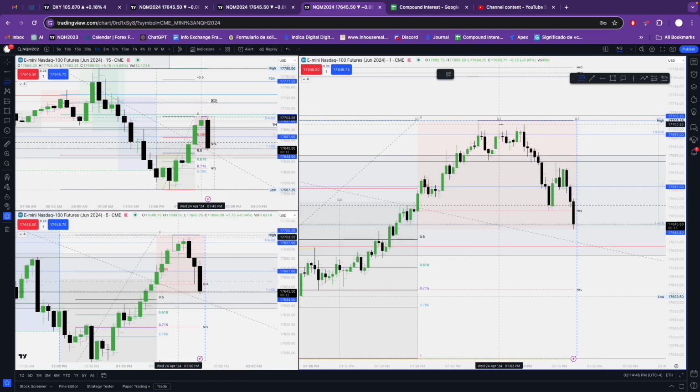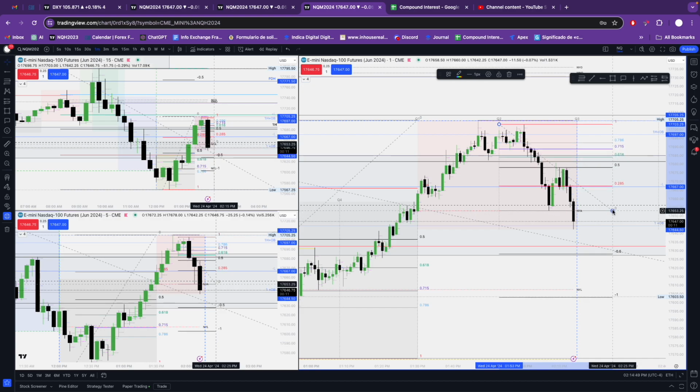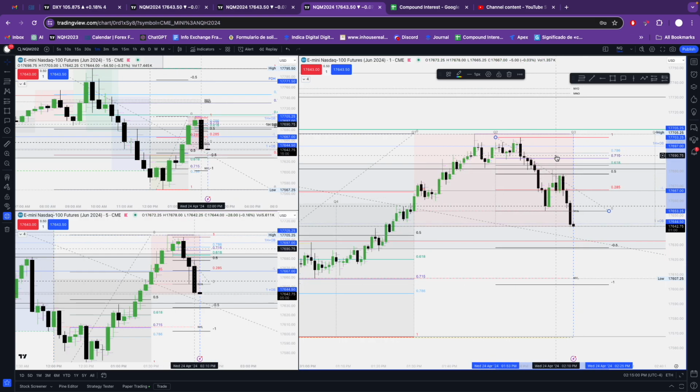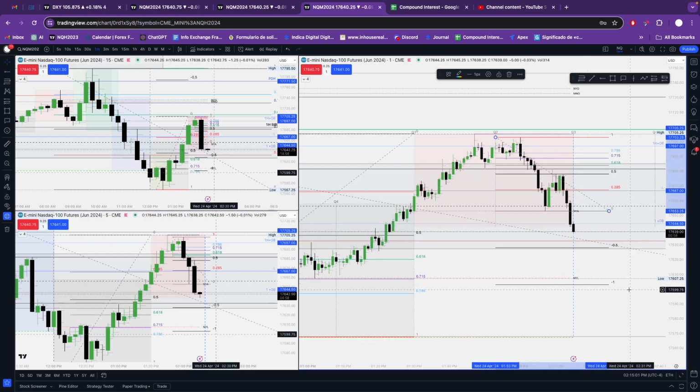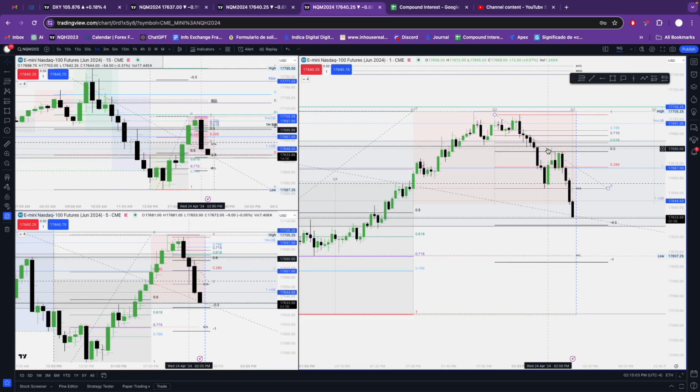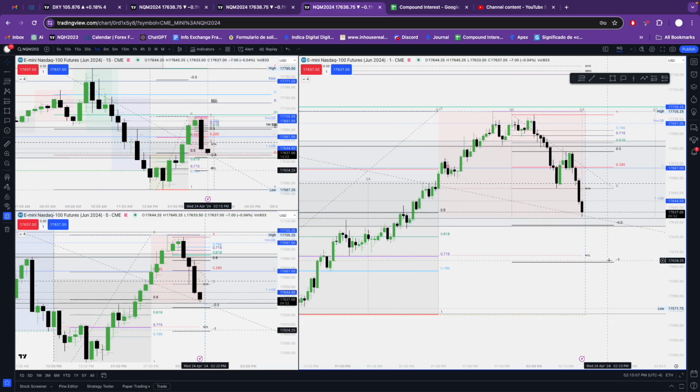And if you take a look at this, we went all out to equilibrium. Boom. So when you're seeing like, all right, we're moving up, but why are we moving up? It's for stage one, market maker model.